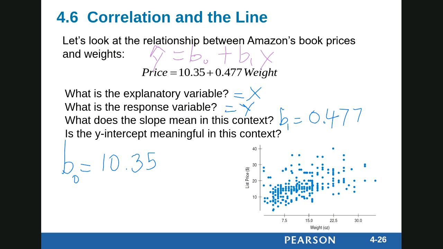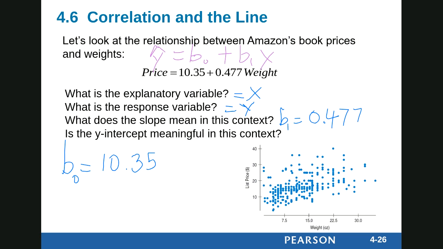Karina, you say it could be a starting point. So $10.35 could be like a base price, a starting point, no matter what the weight is going to be. Okay, so you say yes, it is meaningful. Christopher, you say no, because there are prices lower than 10. Okay, I see.